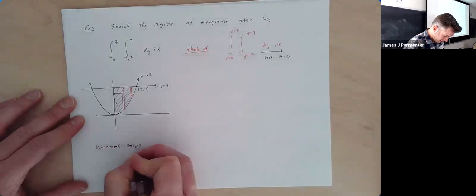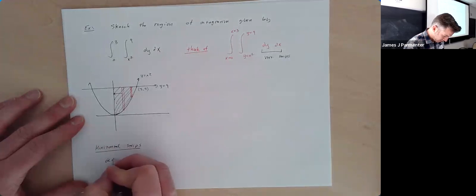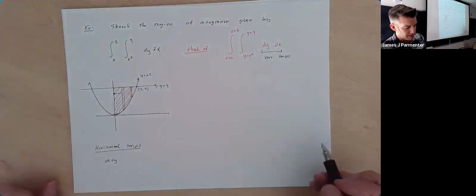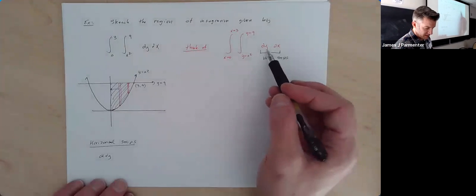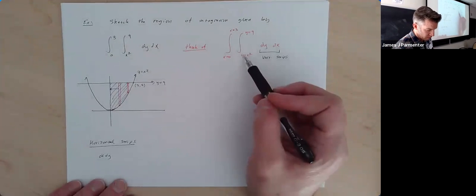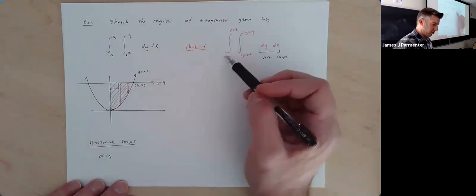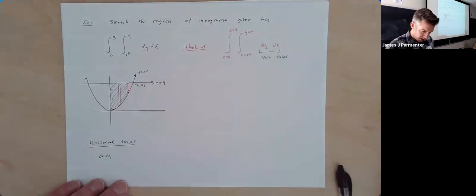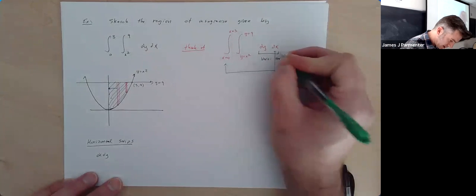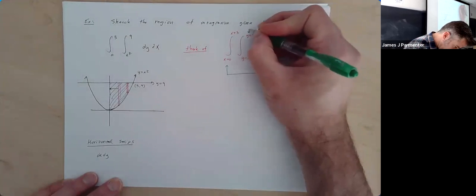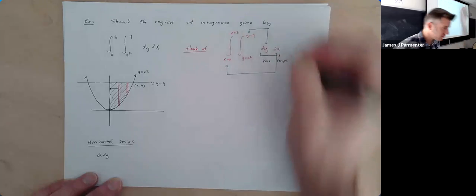And that's going to be when you have dx dy. But really, I wouldn't memorize this per se. I would just be like, well, I know if it's dy dx, the inner integral is y equals something, and the outer integral is x equals something, right? These go with this, and these go with this.